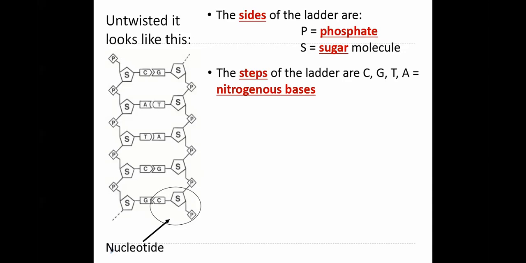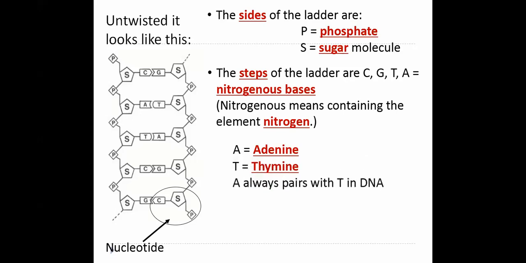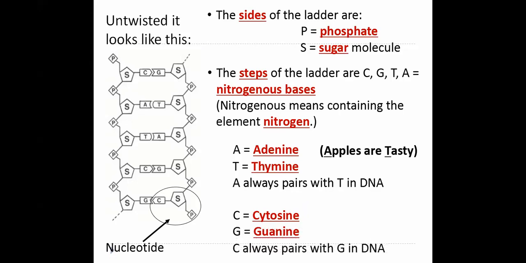It's just that way. So we have adenine, thymine. A always pairs with T. For those who like mnemonics: apples are tasty. Cytosine and guanine: C pairs with G. Cookies are good. Any questions so far?